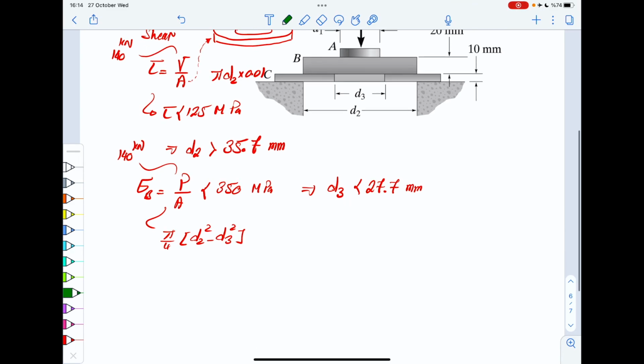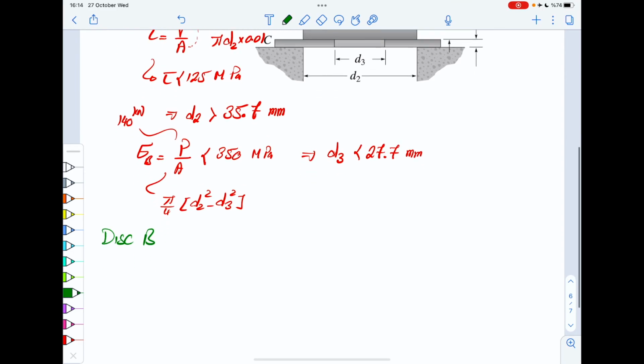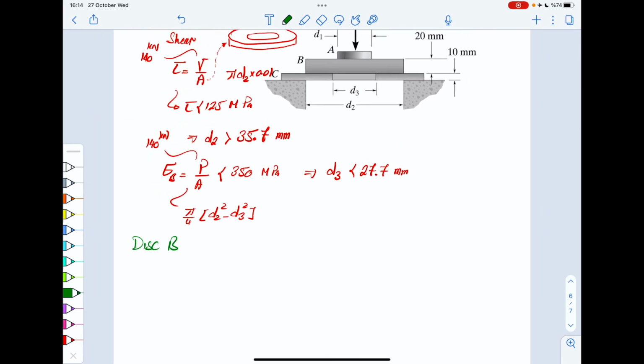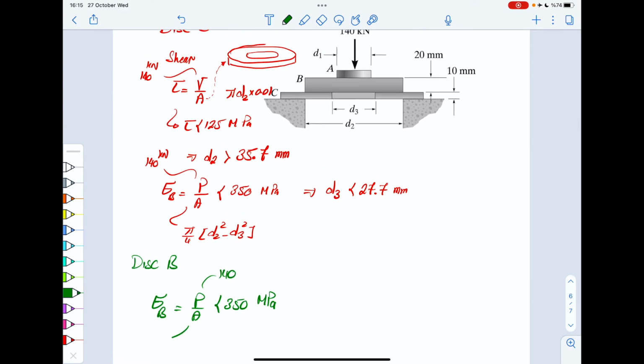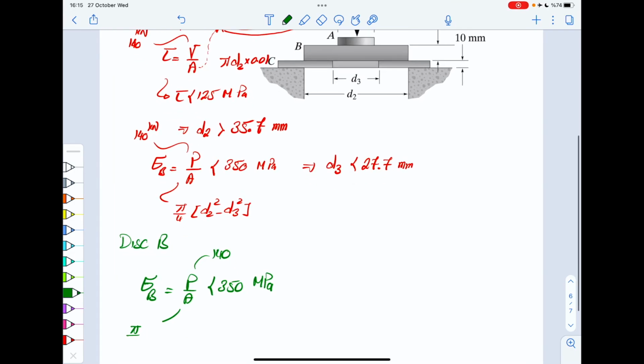Okay, so now coming to disk B. Again, we start with bearing failure as opposed to the previous case, and that would be P divided by A. Again, this should be less than 350 megapascal. But this one is easy. P is 140, and A is just pi over 4 d1 to the power 2.